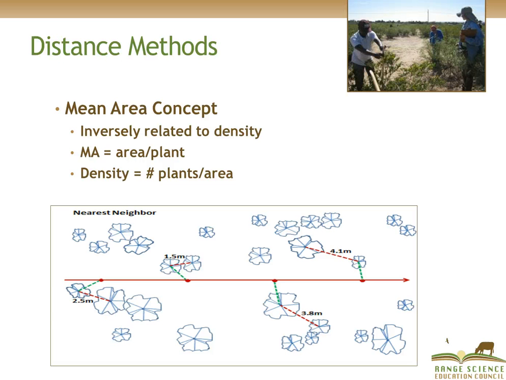Mean area is inversely related to density. The units of mean area is the average area that is occupied per plant. And it's very easy to see that this is the inverse of density, whose units are the number of plants per unit area.